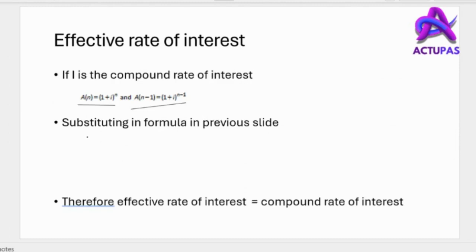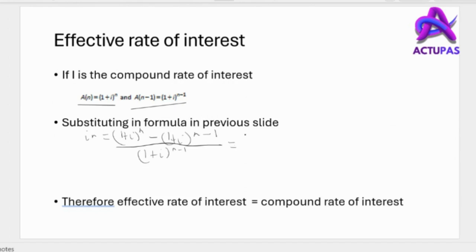Substituting, what do we have? in is equal to (1 plus i) to the power n minus (1 plus i) to the power n minus 1, all over (1 plus i) to the power n minus 1.